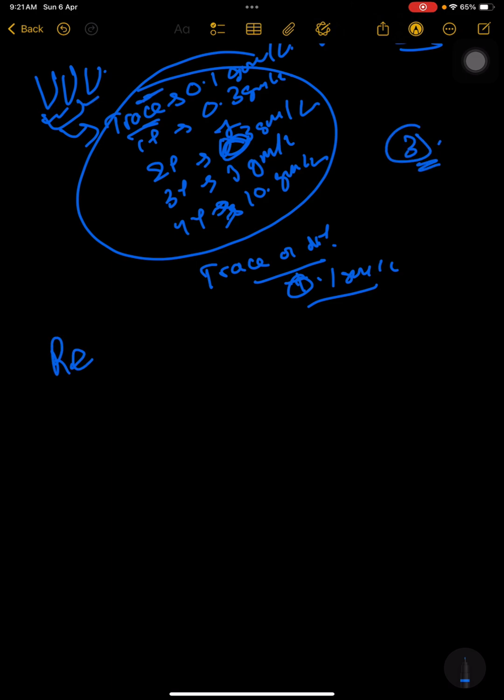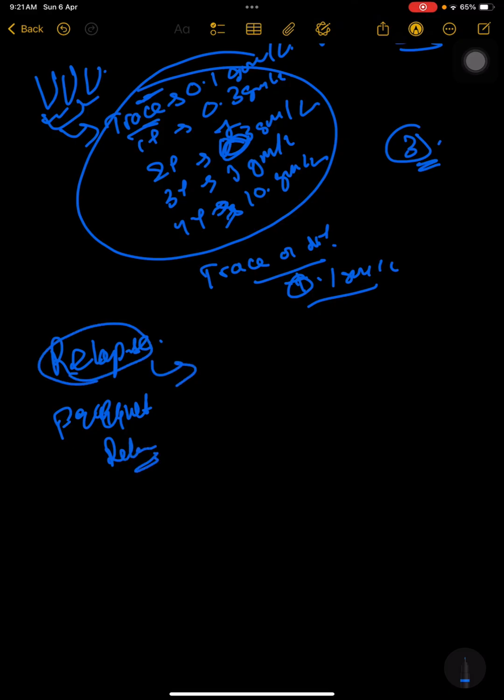Now, what is relapse? And what is frequent relapse? So what is relapse? See, if someone asks you about glomerular disease, please just don't write minimal change disease and focal segmental glomerulosclerosis.